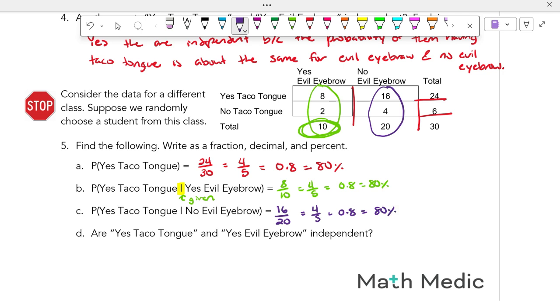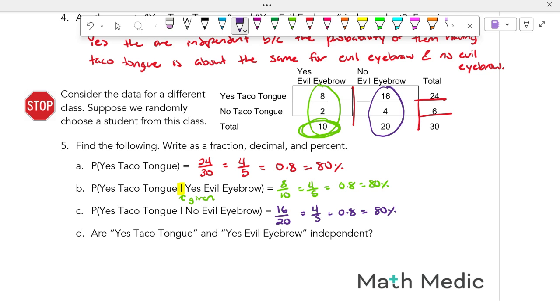So are yes taco tongue and yes evil eyebrow independent? Thumbs up if you think yes, thumbs down if you think no. 1, 2, 3, go. So remember, independence means that regardless, the probability of one happening over the other will not change. They won't affect each other.